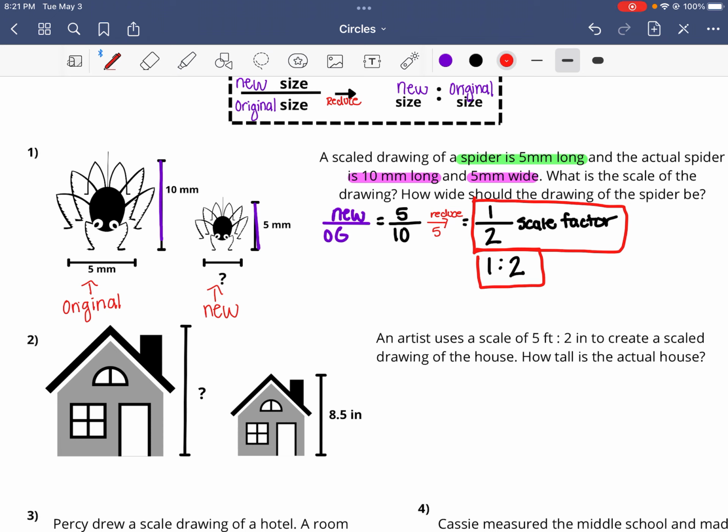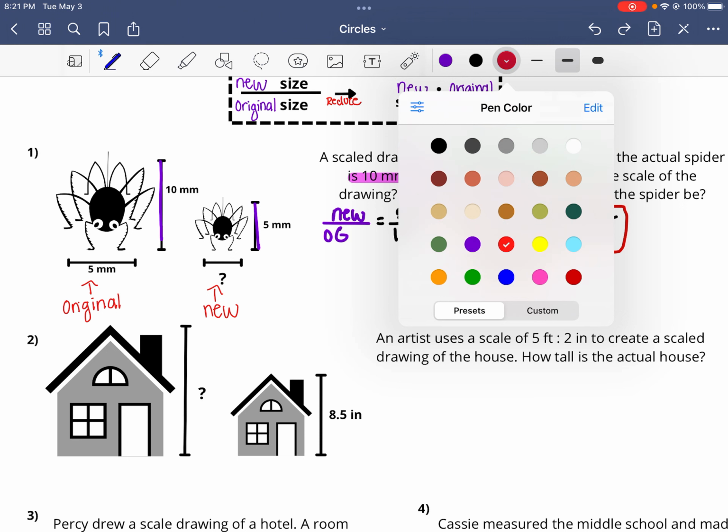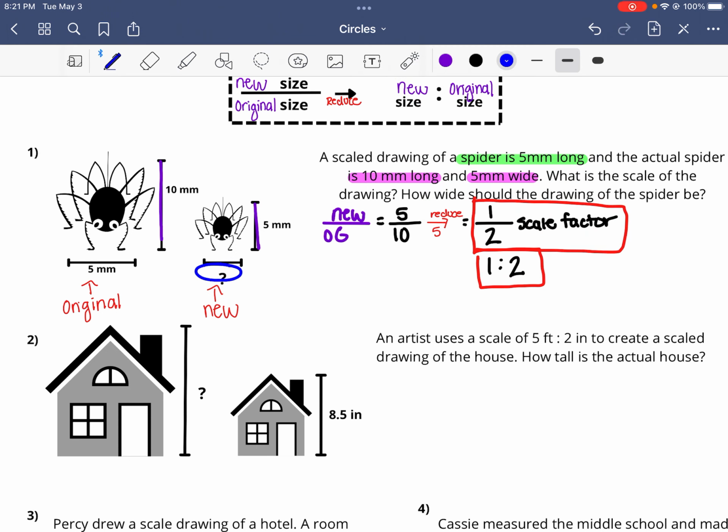Remember, this is a two-part question. The second question asks me, how wide should the drawing of the spider be? So we were saying earlier that I couldn't do anything because I did not have this number right here. Well, we get to find that number. Remember that with scaling and proportions, we have to be consistent.